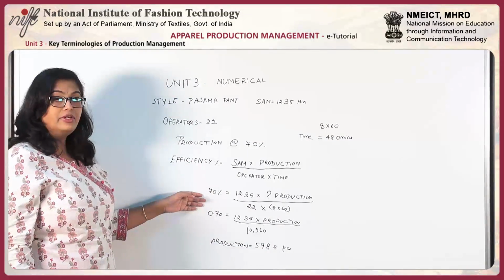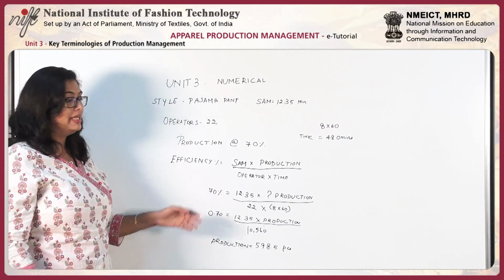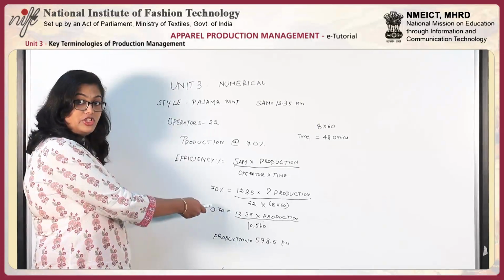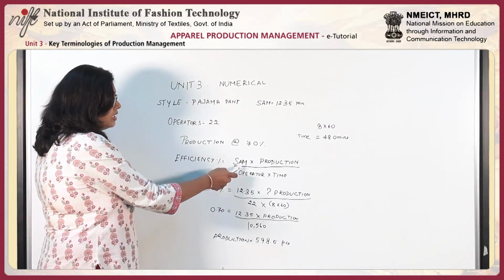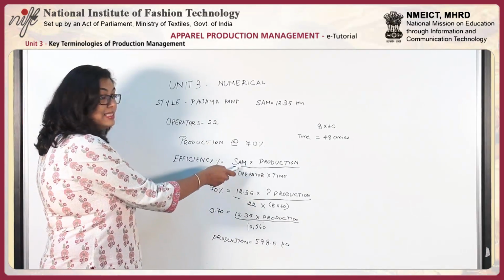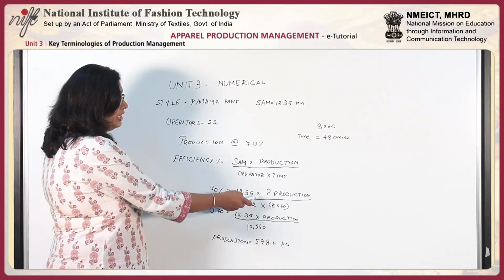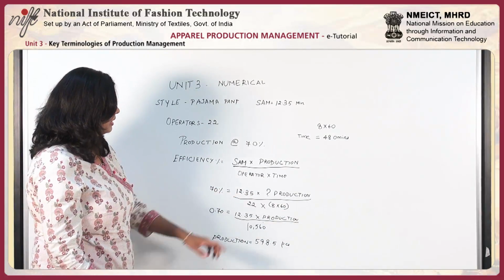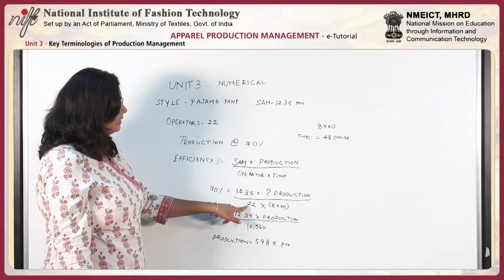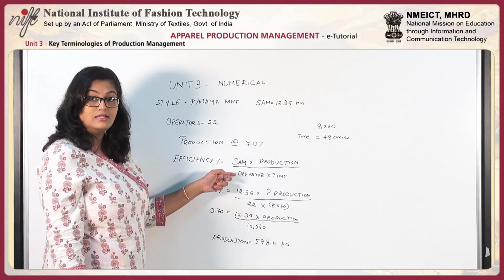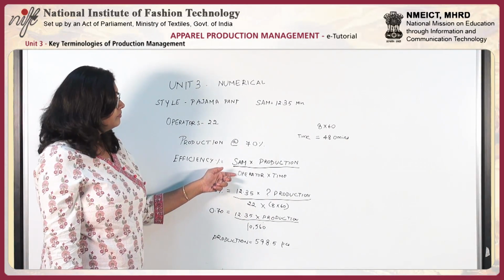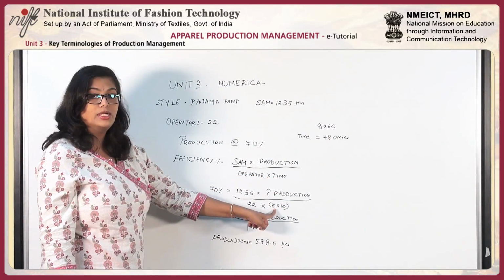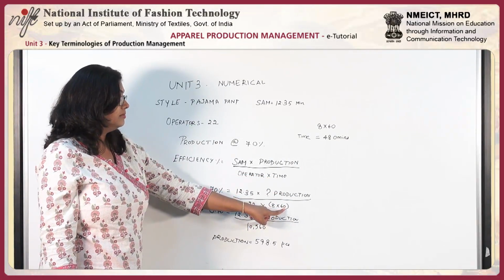So, when we affix the required numericals, we have 70%, that is the efficiency, 12.35, that is the SAM, into our question here being production, divided by 22, that is the number of operators, into the time, that is 8 hours into 60 minutes.